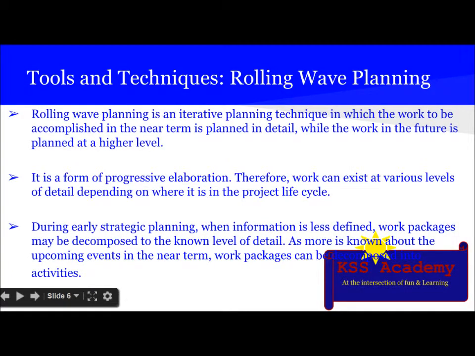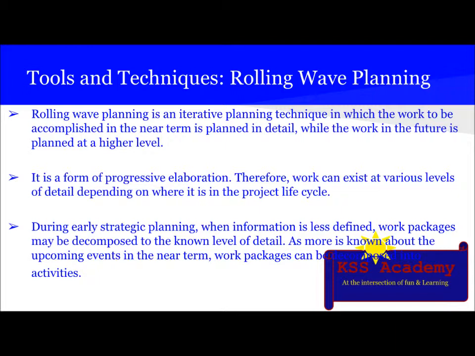In case of rolling wave planning, so what is rolling wave planning? Let's understand that. It is an iterative planning technique in which the work to be accomplished in the near term is planned in detail, while the work in the future is planned at a higher level. It is a form of progressive elaboration. Therefore, the work can exist at various levels of detail depending on where it is in the project life cycle.